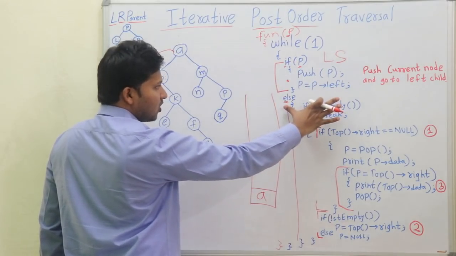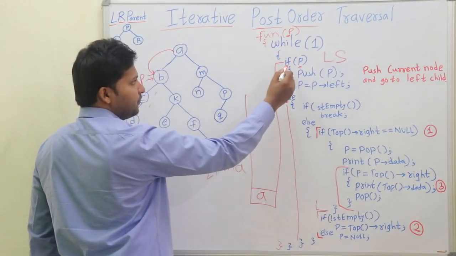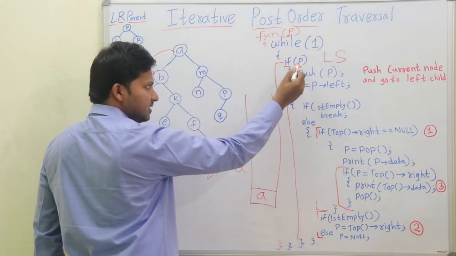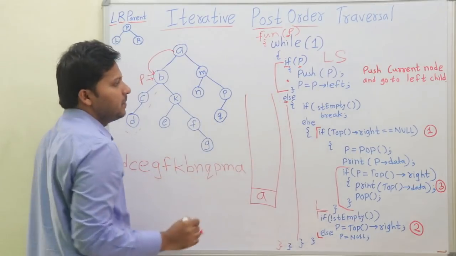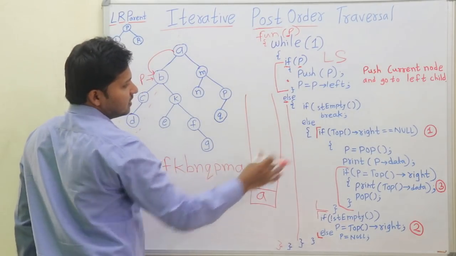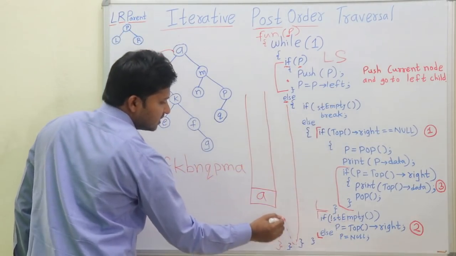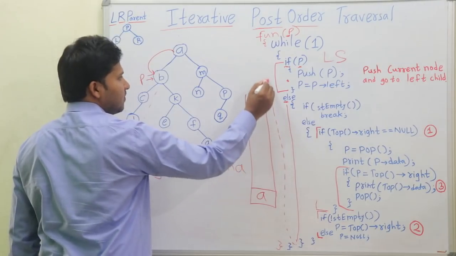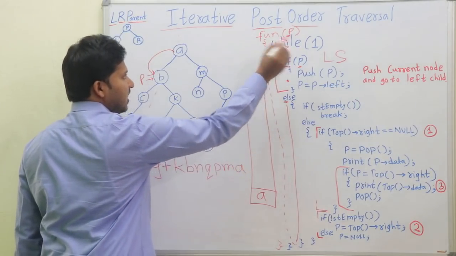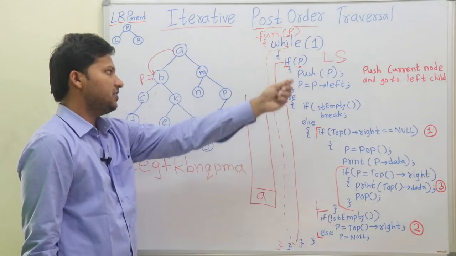So this block will not be executed if this if condition is satisfied. As the if condition is satisfied, this block will not be executed, and we will go to the next iteration of the outer while loop.